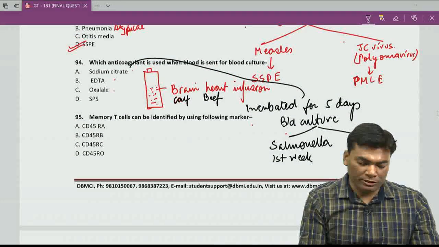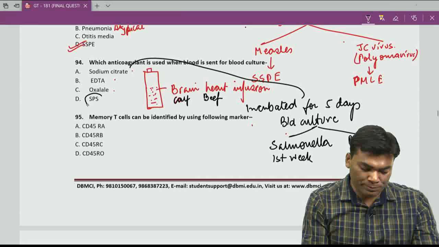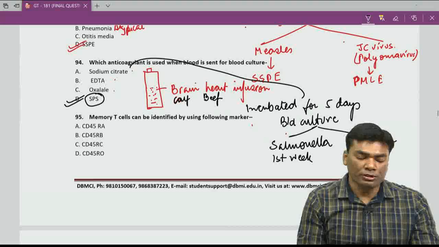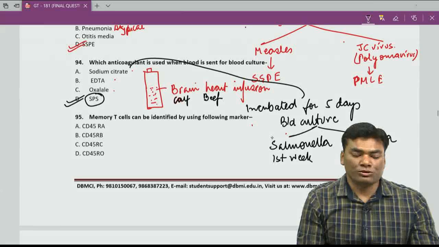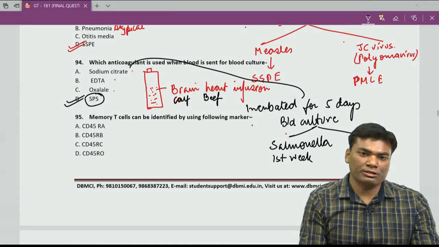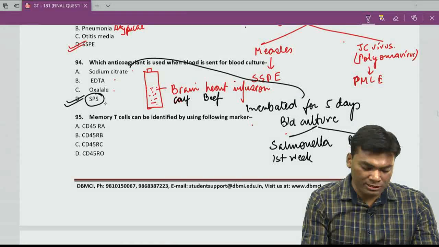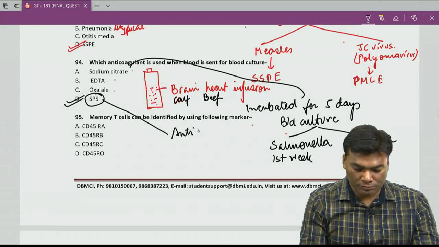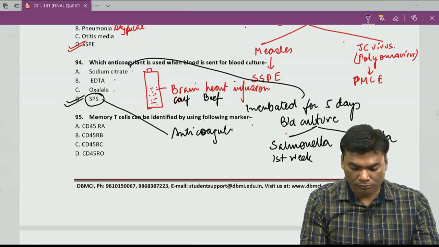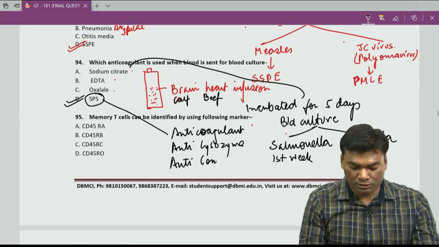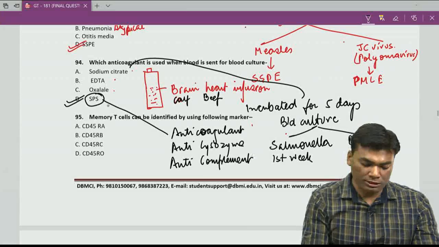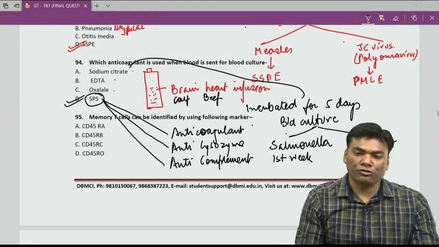Now this blood culture includes SPS as the anticoagulant. SPS is sodium polyanethol sulfonate. As we have already discussed, sodium polyanethol sulfonate is there in this blood culture bottle, and it acts as an anticoagulant, right? It is also anti-lysozyme, because lysozyme present in human blood can inhibit the growth of bacteria.